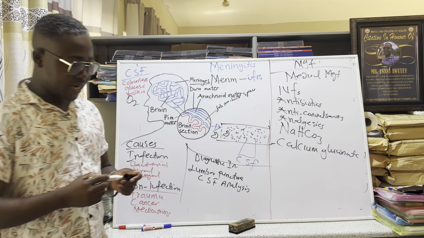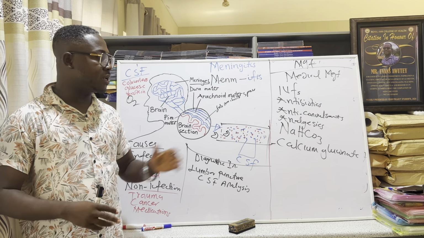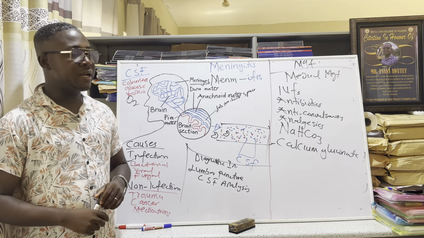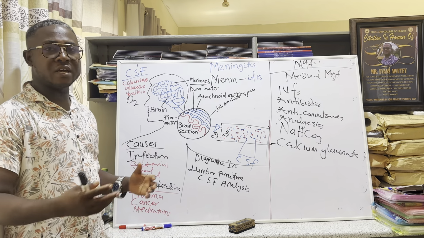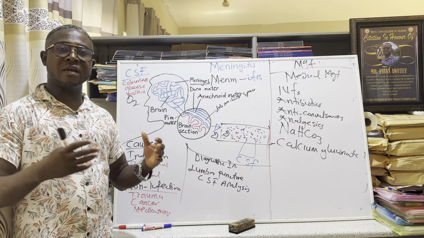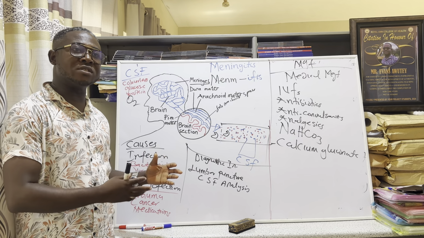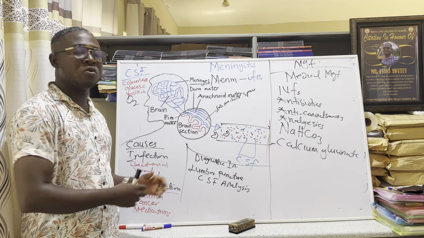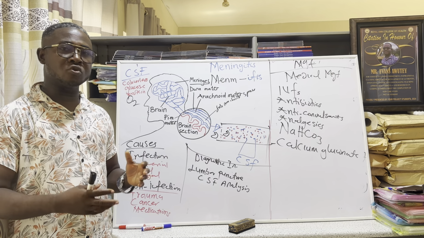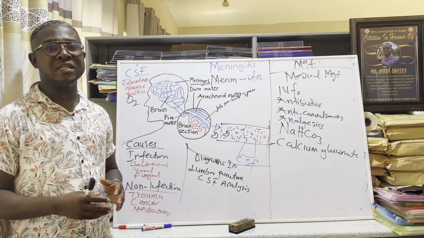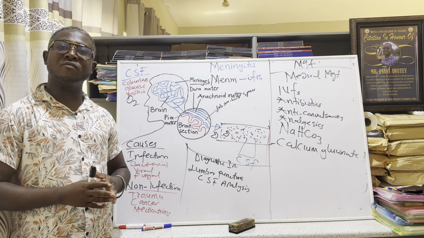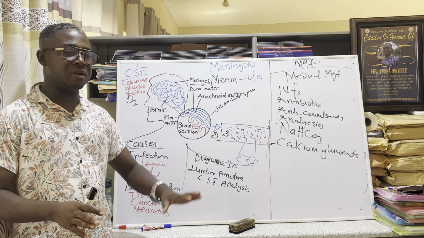Calcium gluconate, and that also depends on the calcium level of the patient. Now, in meningitis, since there's an inflammation of the cells, which also reduces the amount of blood supply to the tissues, that can also lead to tissue death, and which will also increase the phosphorus in the blood. And we all know that when phosphorus levels are high, calcium level goes what?